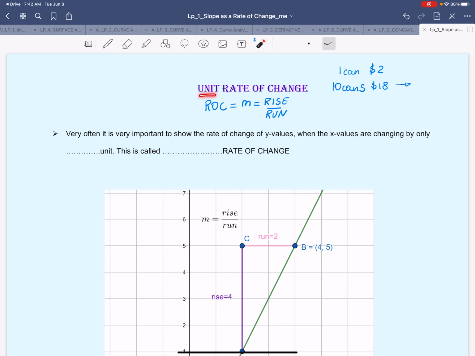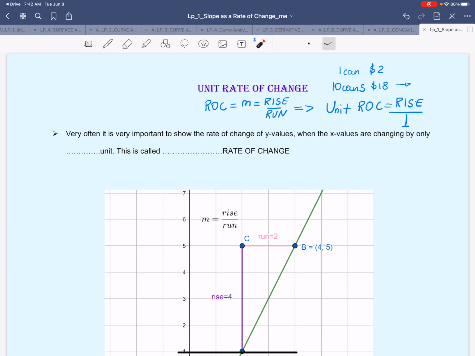When we talk about unit rate of change, we are looking into a specific value for a run. We want the run to be exactly 1 unit. So we're going to say that unit rate of change would equal rise over 1 unit.